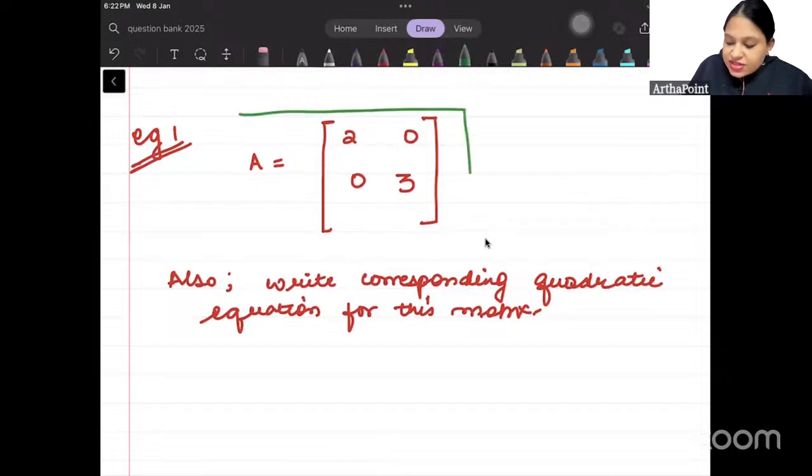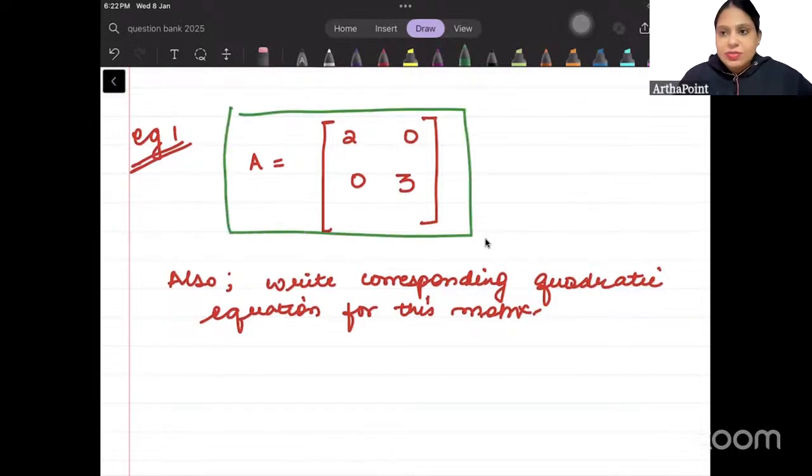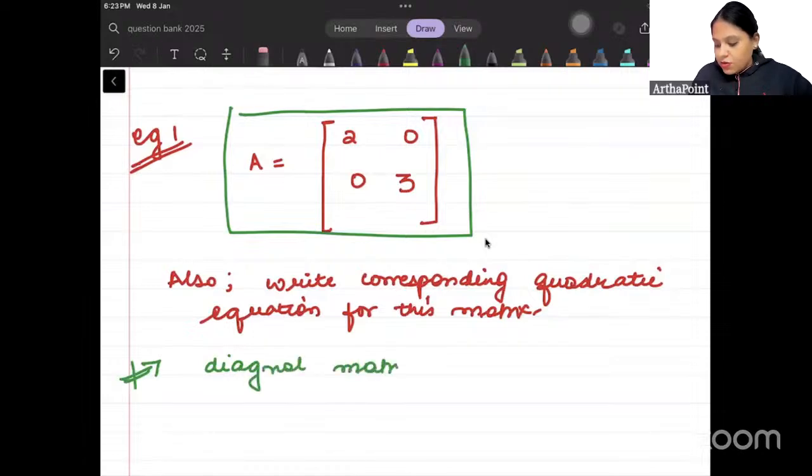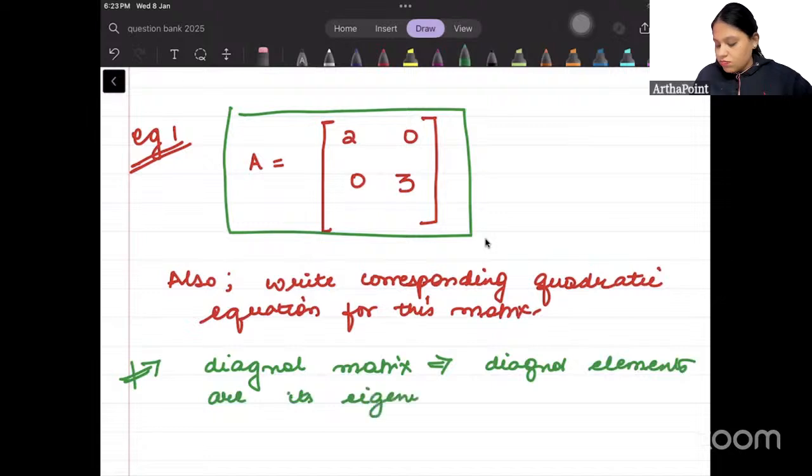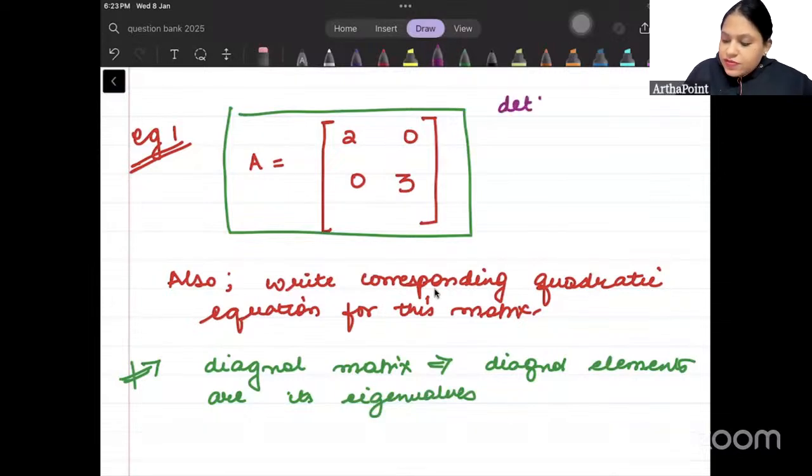You see that this is a diagonal matrix. सिर्फ diagonal elements है, non diagonal elements तो 0 है. तो हमारे पास एक प्रॉपर्टी आ जाता है that whenever we have a diagonal matrix, the diagonal elements are its eigenvalues. ठीक है, आइगन वैल्यू का क्या प्रॉपर्टी था? वी ऑल नो कि determinant of that matrix minus lambda times I should be 0.